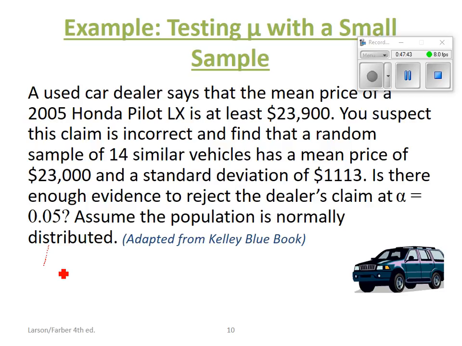That's their claim. Is that going to fit in our HO? Yeah, because it's got the equal to part with it. So mu is greater than or equal to $23,900. Write the word claim next to that. Our HA then is going to be mu is less than $23,900.